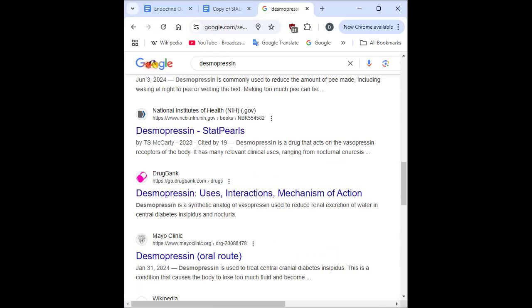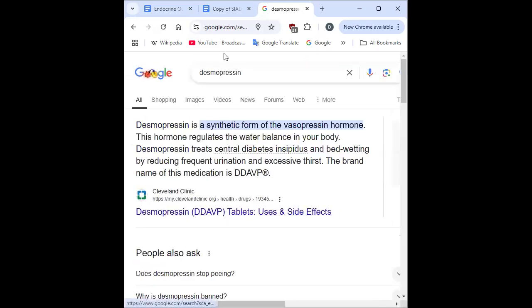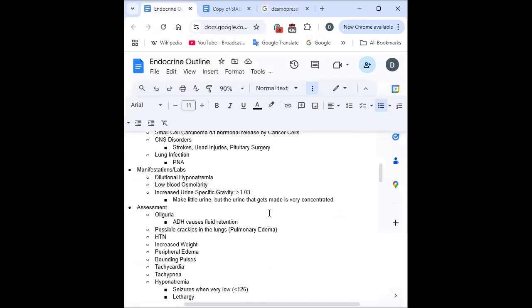It's used for DI because in DI the issue is that you don't have enough ADH, the real hormone, if you get what I'm saying. Desmopressin is vasopressin, which is your ADH.